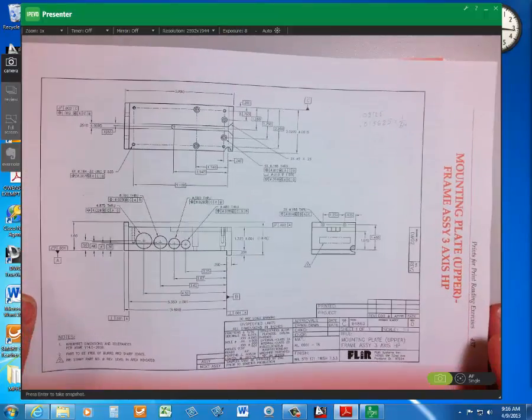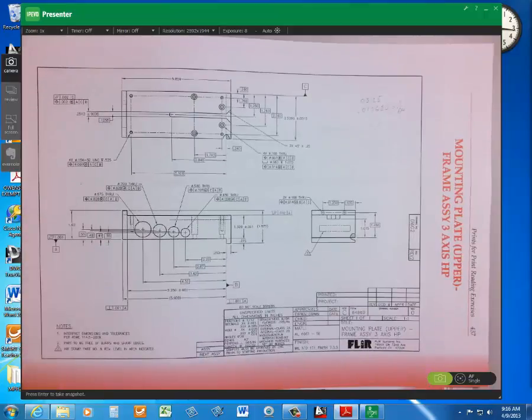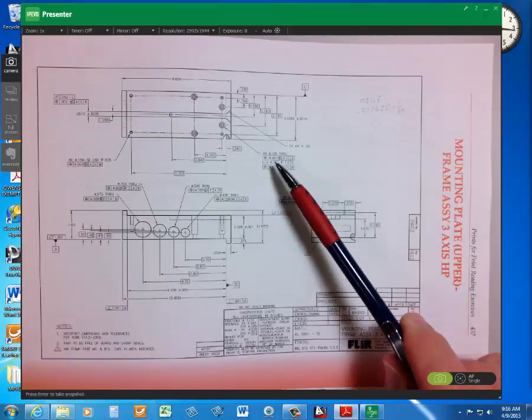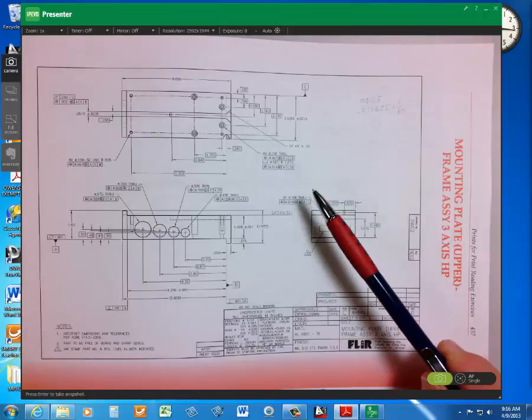Mind benders. Some of this position tolerance stuff can be. All right. Why is there a separate feature control frame for the hole and counterbore? So we're looking at the .188 counterbore up here. There's a separate position tolerance for the hole and the counterbore.